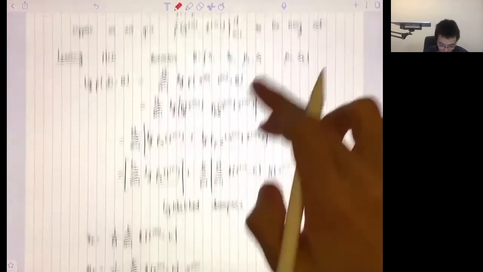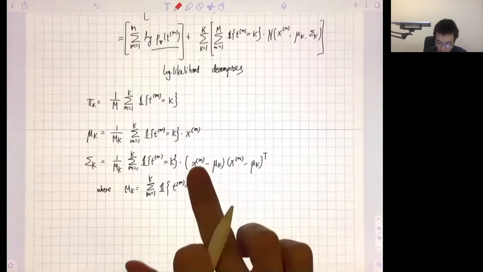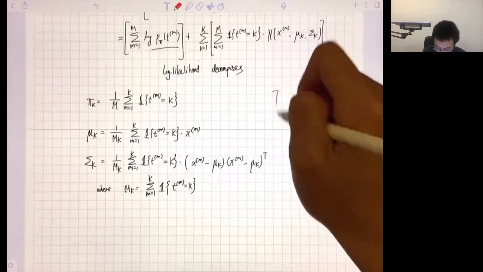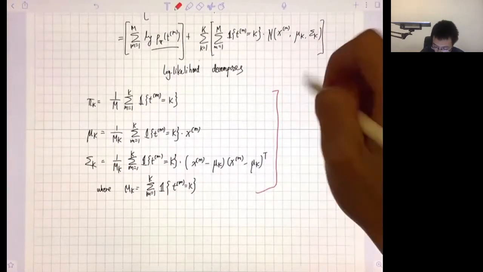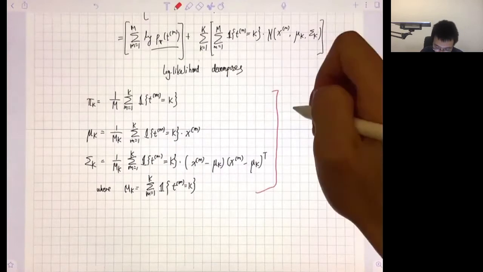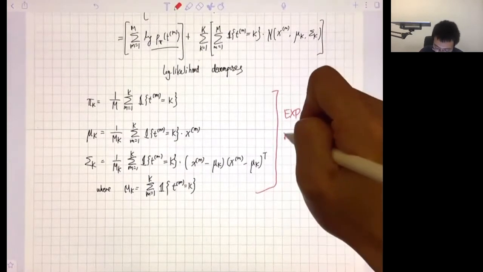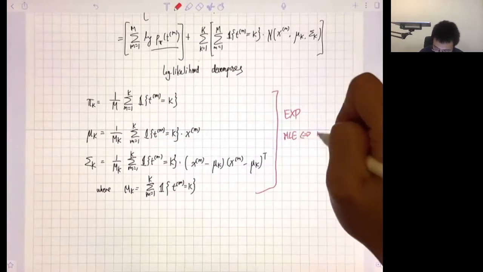And similarly, the standard deviation is the x minus mu times x minus mu. So why does this happen? The reason is the exponential family: the maximum likelihood estimation is moment matching.